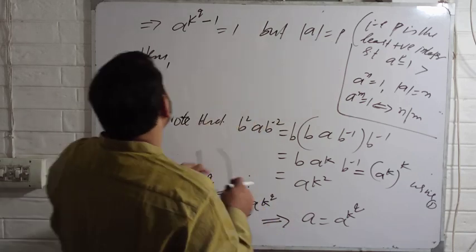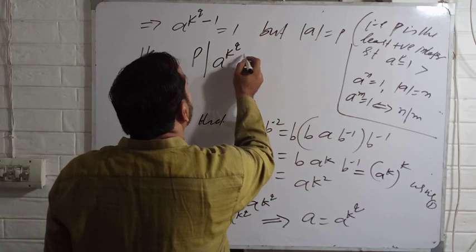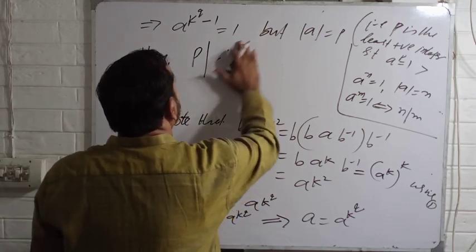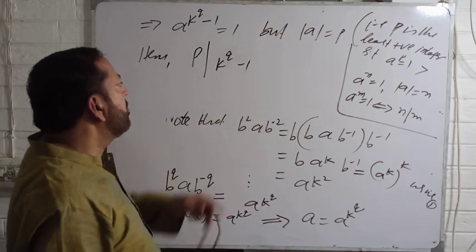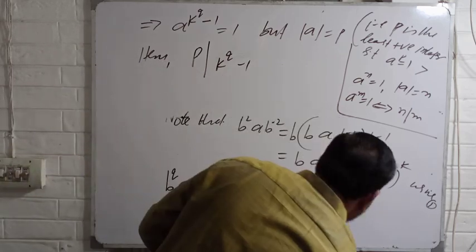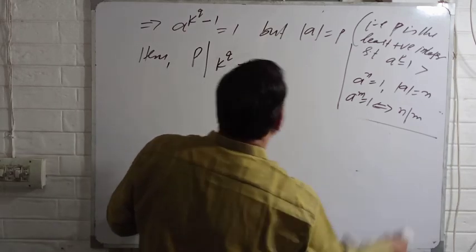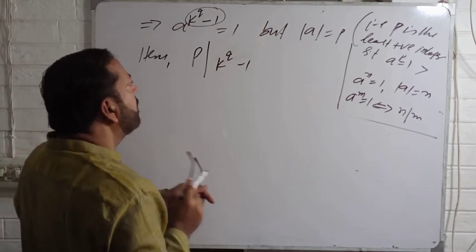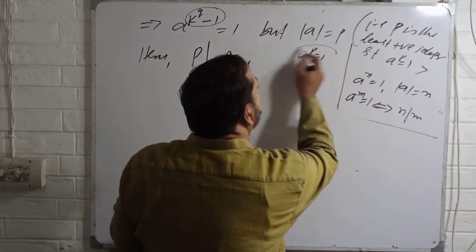So this implies p will divide a power k power q minus 1, and now you will use the congruence equation. This was the power of a, and here a power p was 1.